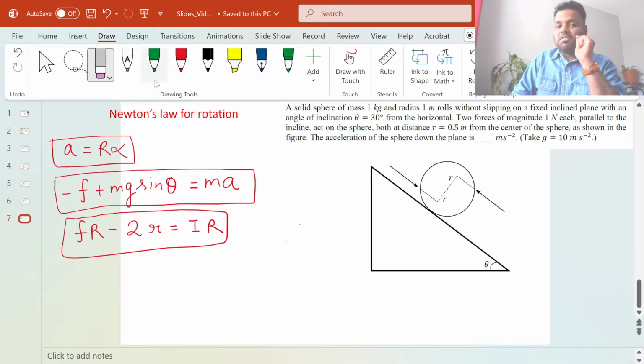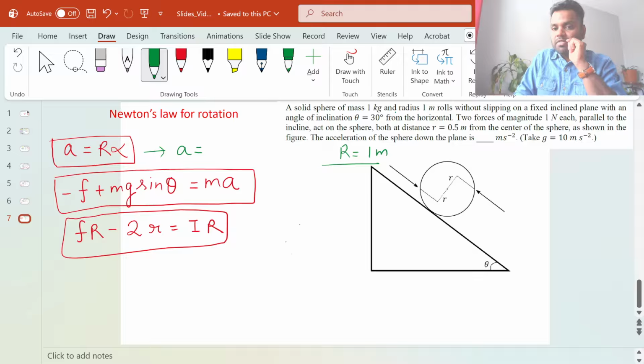Now let's plug in the values. Some values are pretty straightforward. From here you can have A equal to alpha, because the radius R is 1 meter, so the calculation is going to be very straightforward. And then from here, minus F is the friction, plus M. What is M?